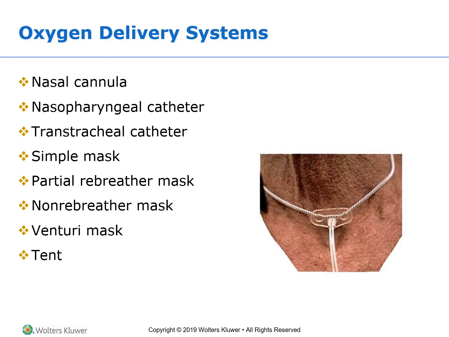All right, so for delivery systems, okay, that's where we're going to start talking about the mask. So we have the nasal catheter, the nasal cannula, the nasopharyngeal catheter, transtracheal catheter, a simple mask, partial rebreathers, non-rebreathers, Venturis, and tents.